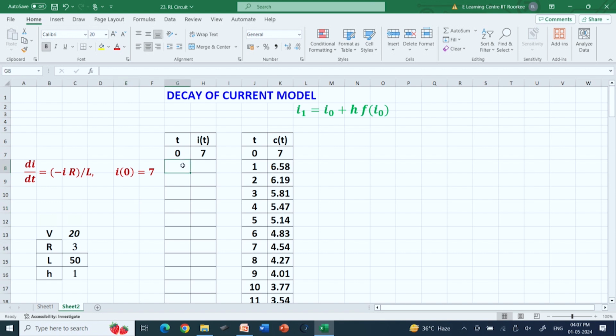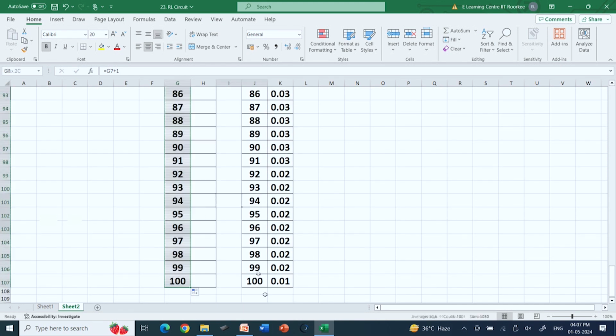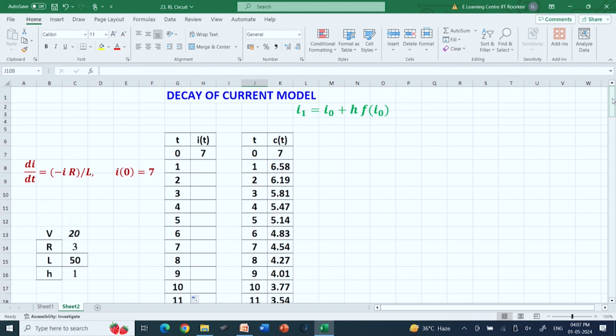This is equal to this plus 1, and drag it to say 100 values. So, let us make this 21 such that I equal to V by R, which is 7.